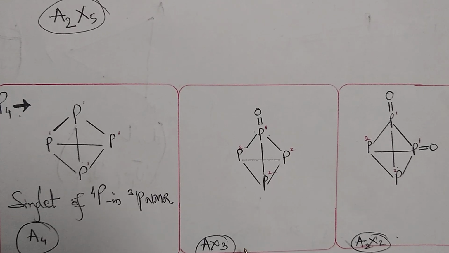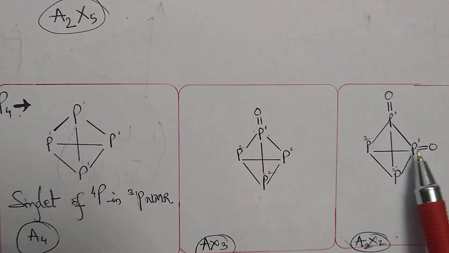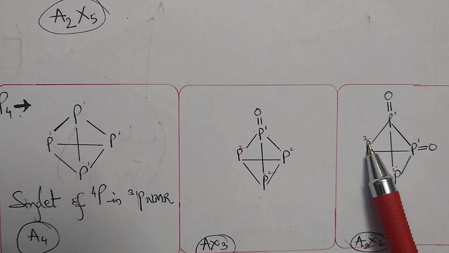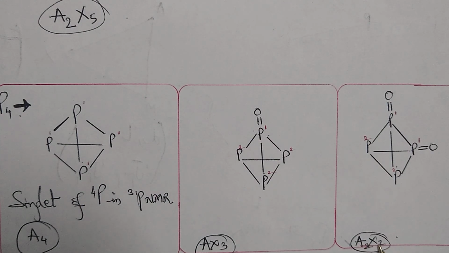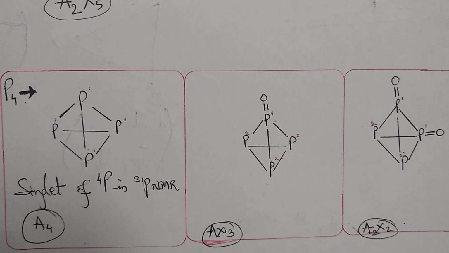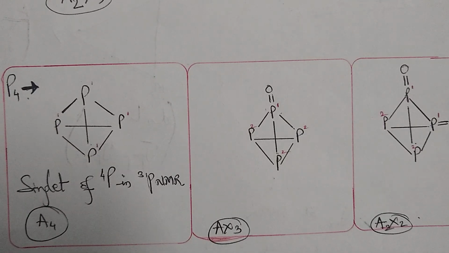Similarly, if we add another oxygen to this side, we will get 2 phosphorus of the same kind and 2 phosphorus of another kind. We'll get the Pople notation A2X2. With that, we can deal with this kind of molecule.